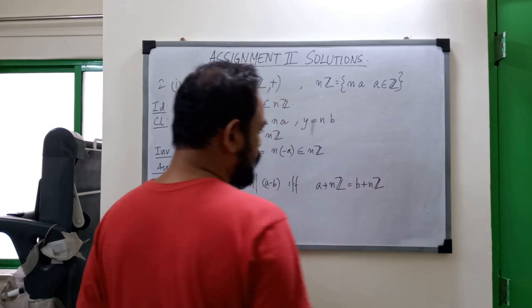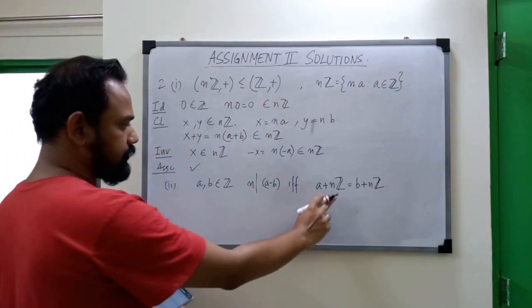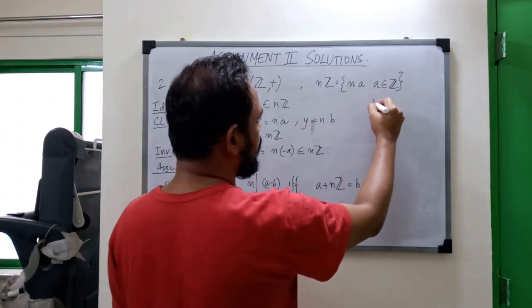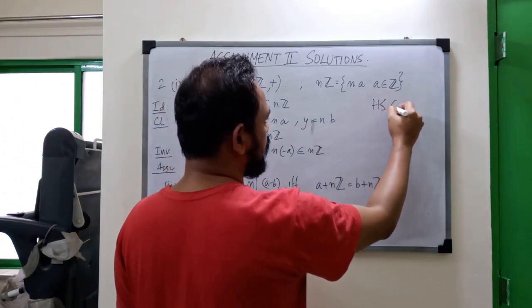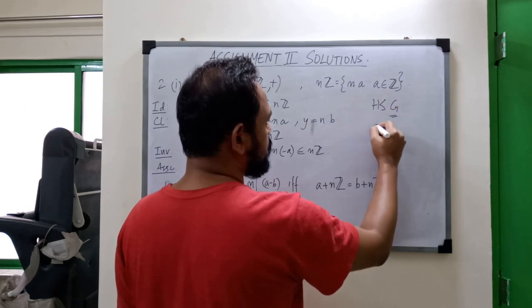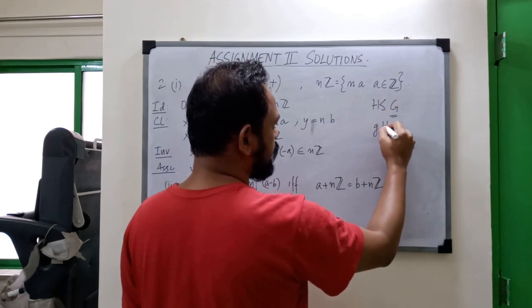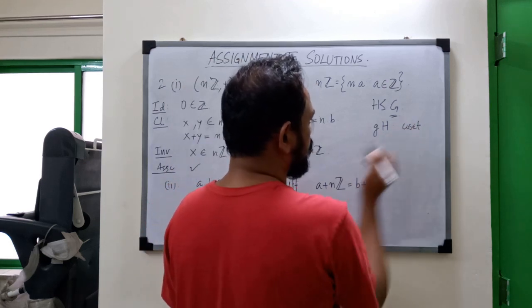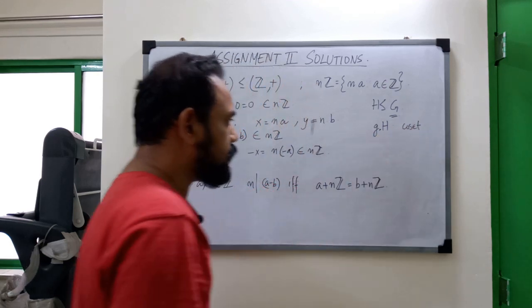Now remember, these are two cosets. nZ is a subgroup. So we had, if H was a subgroup of G, then for any element g in capital G, gH was a coset, where this meant g dot H.